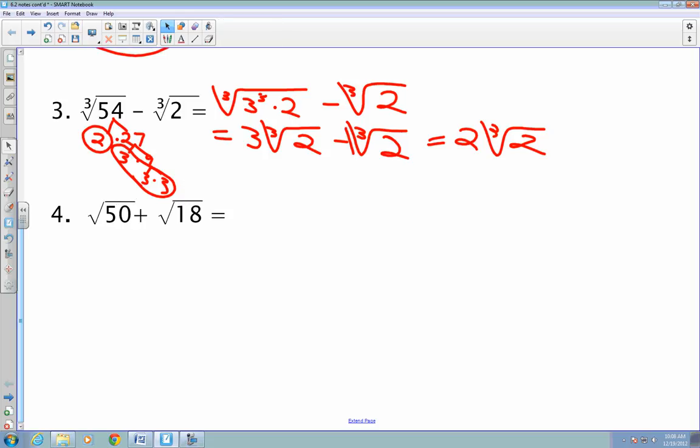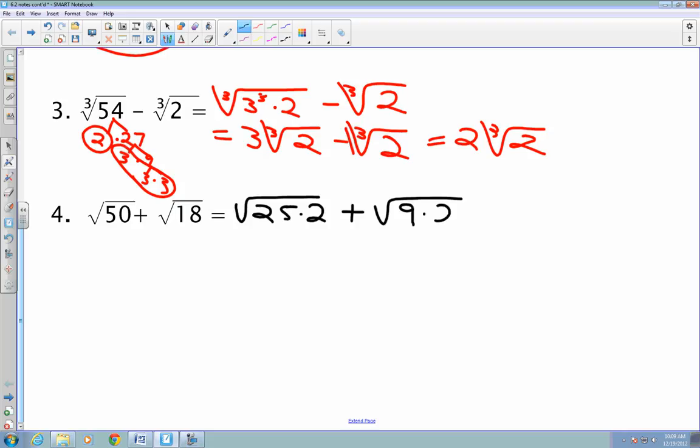Okay, so now I have the square root of 50 plus the square root of 18. So again, if you don't see it right away, you can do the prime factorization with this as well, or you can look at it and say, what perfect square goes into 50? 25 times 2. Plus, what perfect square goes into 18? 9 times 2.